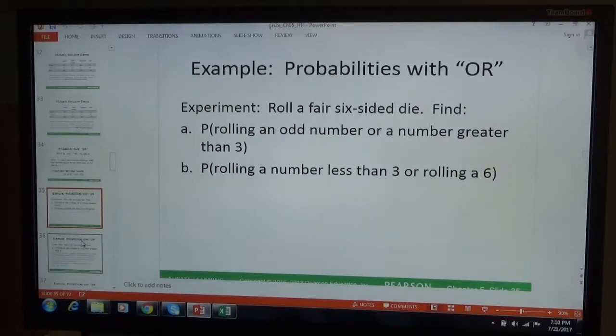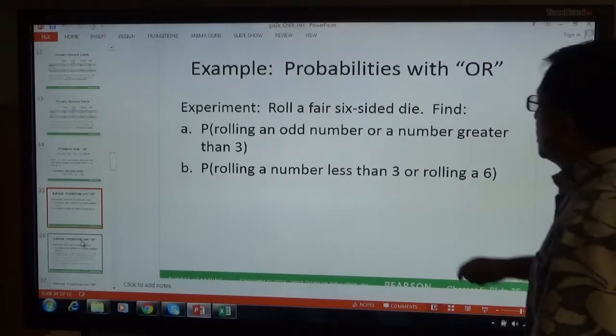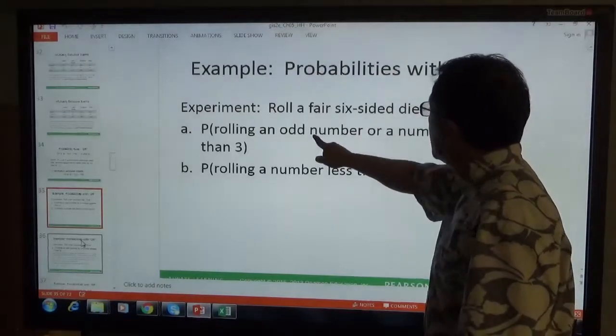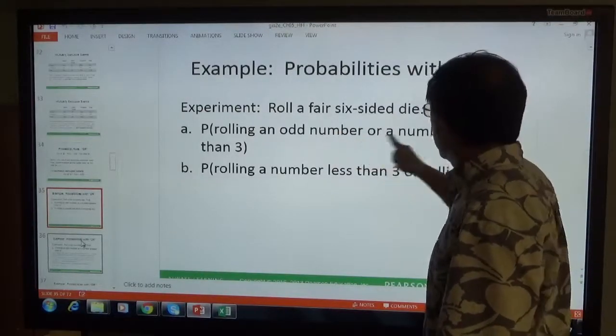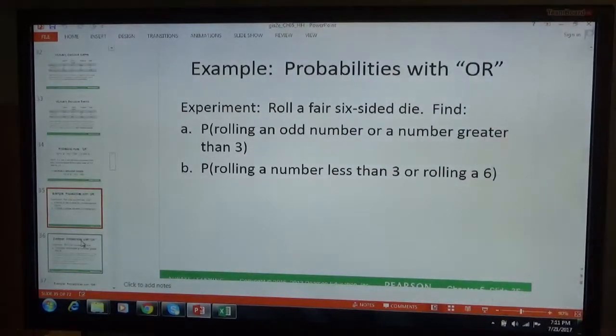So let's take a look at this. We have two events here: odd number and number is greater than 3. Are the two events mutually exclusive?